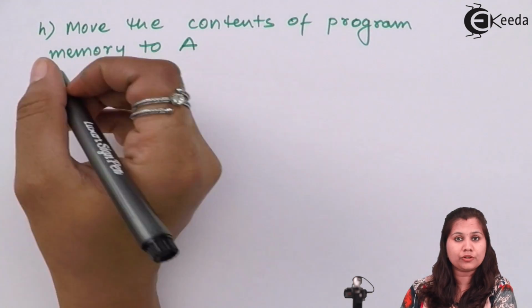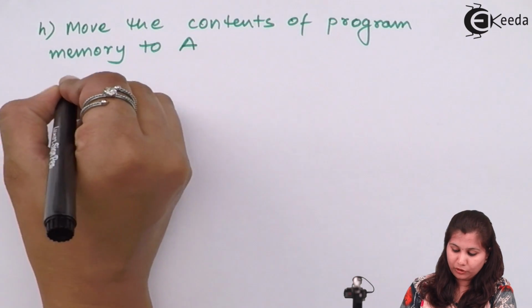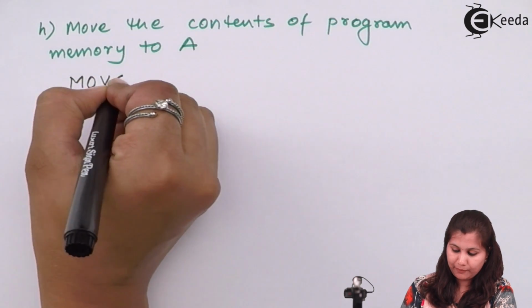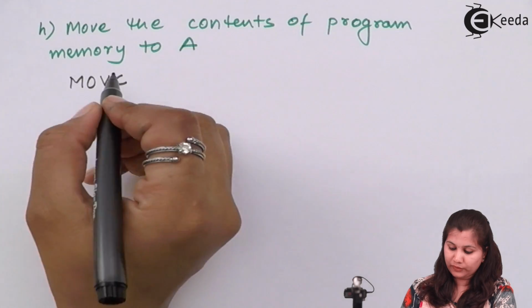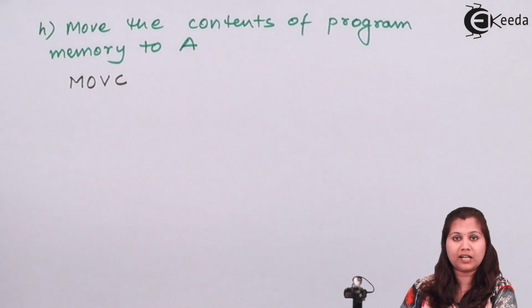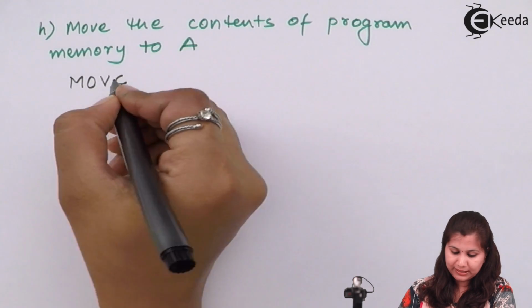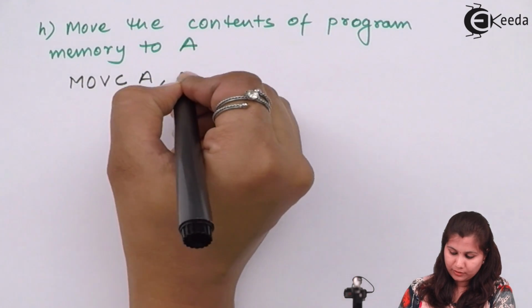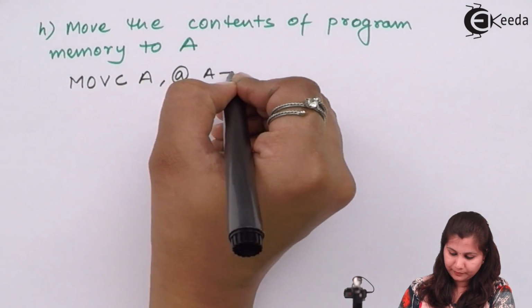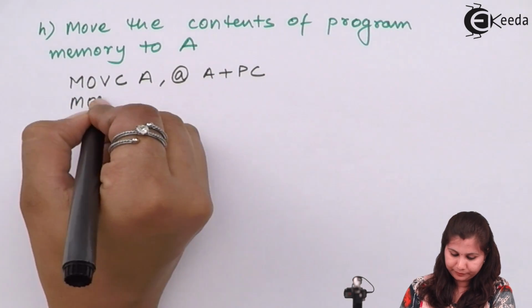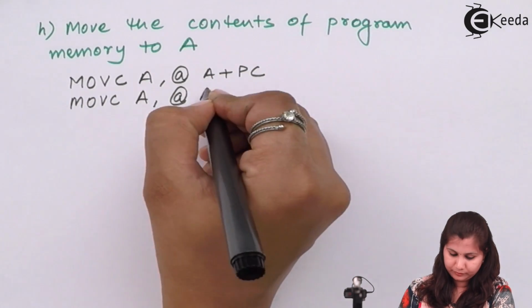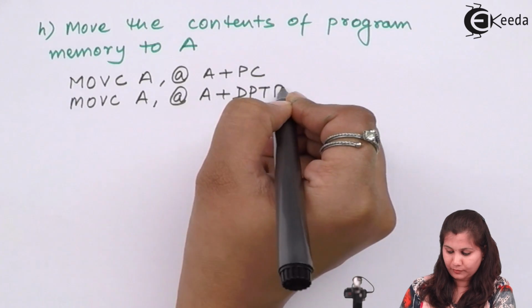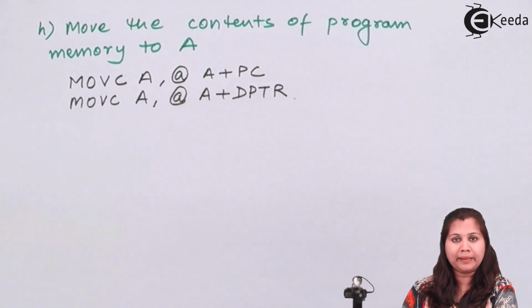So examples of this will be here, the mnemonic will also be changed. We will have MOVC. Wherever C is used, it means we are using the program memory or the code memory. So MOVC A. Here we will have a base register.